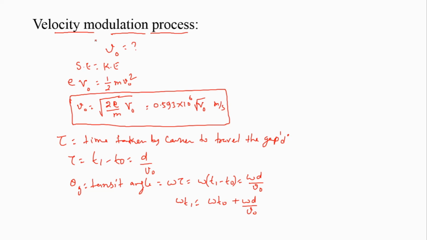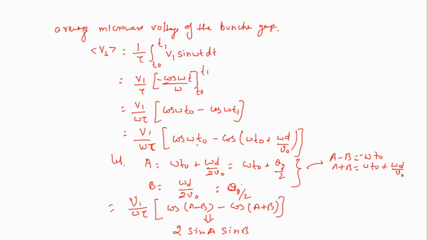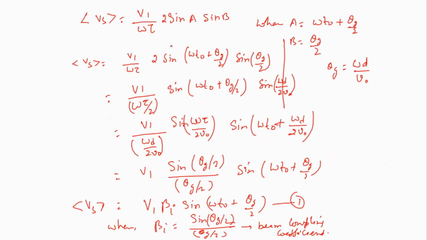After that, we had seen the velocity modulation process, how it takes place. Initially, to have the velocity modulation, we found the velocity V0 by equating the static energy and kinetic energy at equilibrium state, and then we found the average microwave voltage of the buncher gap.